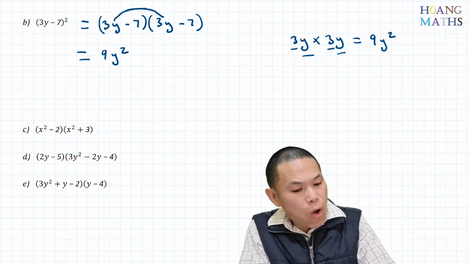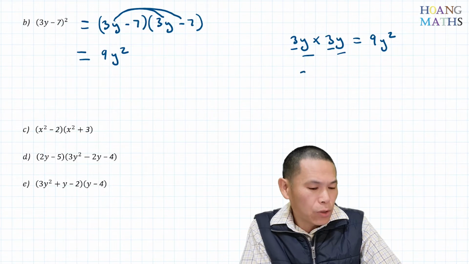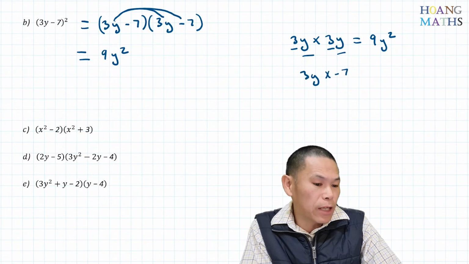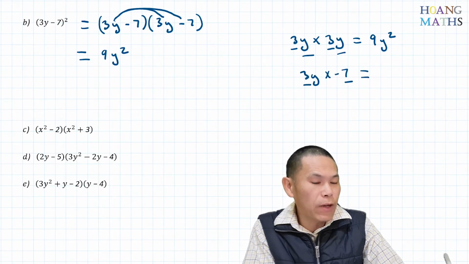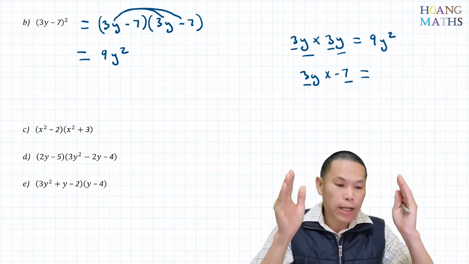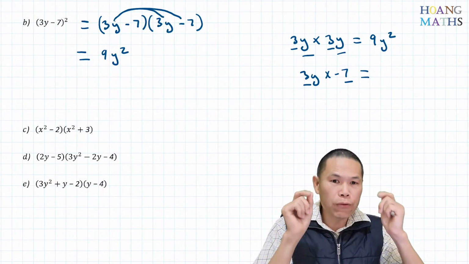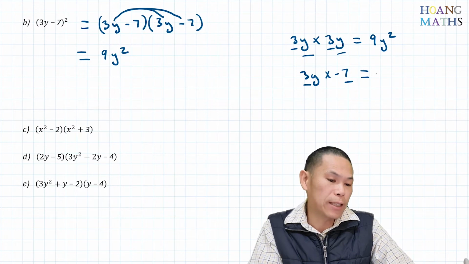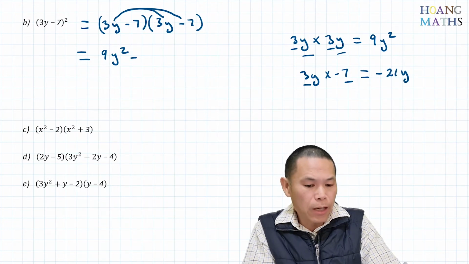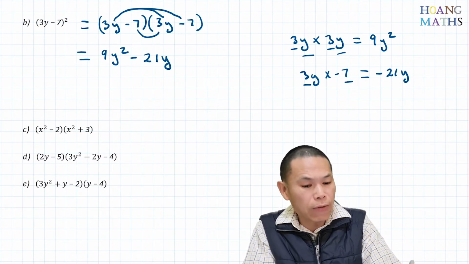And then 3y times negative 7. And we have 3 times 7. It gives me 21. But then it's negative because a positive and a negative should give you a negative answer. So minus 21y. And then we have negative 7 times 3y.